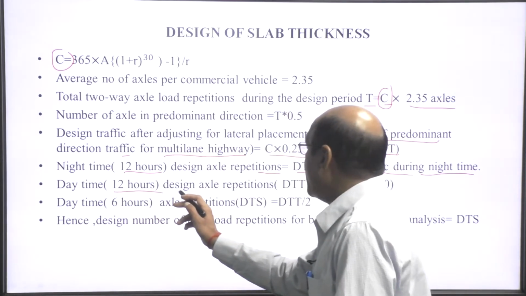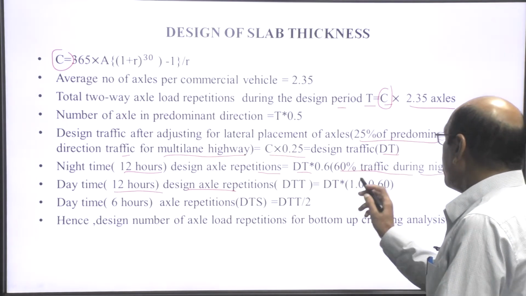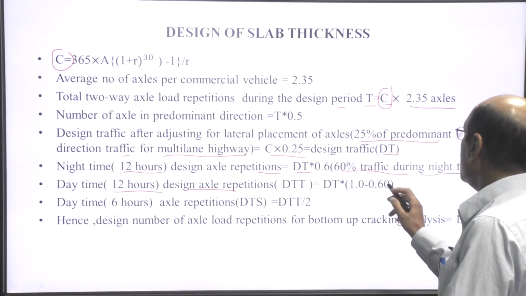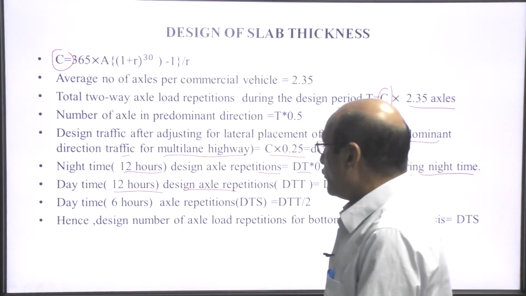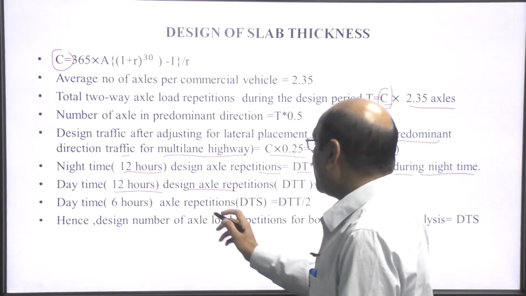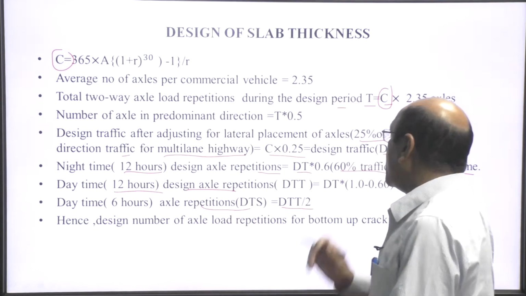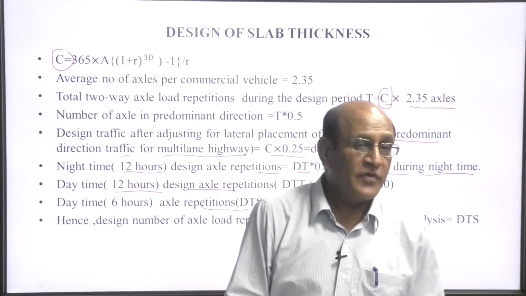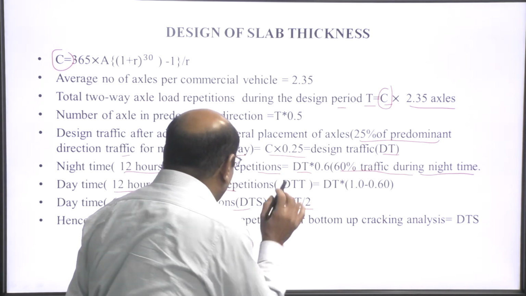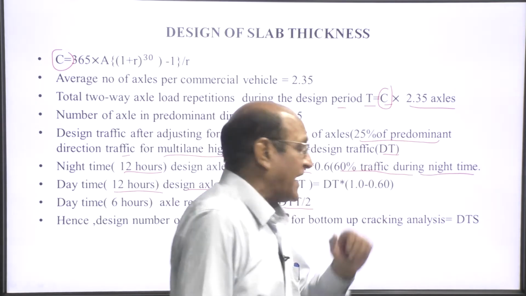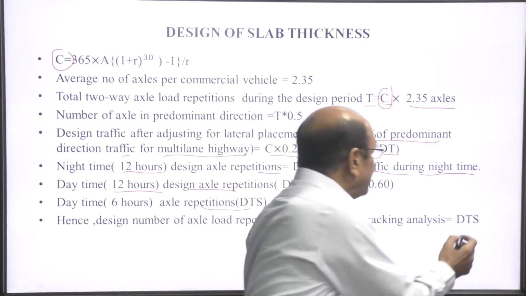The daytime 12 hours design axle repetition, that is DTT, will be DT into (1.0 minus 0.6), that is 0.4. So the daytime 6 hours axle repetition DTS will be DTT divided by 2. Hence the design number of axle load repetitions for the bottom up cracking BUC will be DTS.